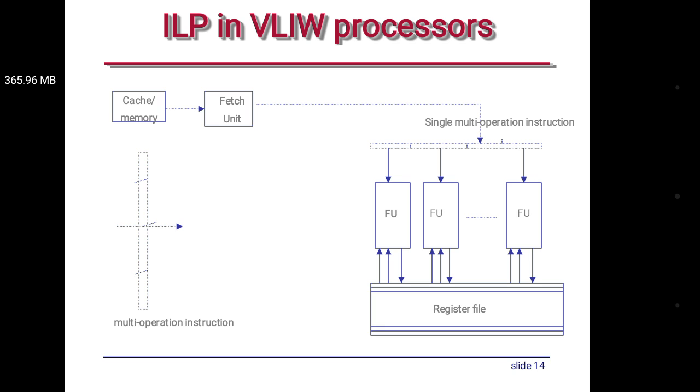The compiler has complete responsibility for selecting a set of instructions to be executed concurrently. So there is not much hardware component, and there must be a smart compiler so that it executes the instructions in a good, faster manner to increase the throughput.